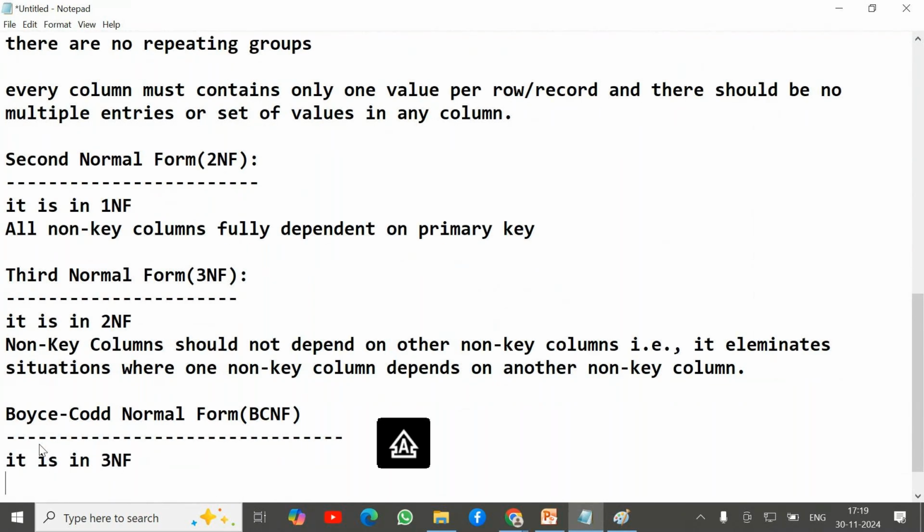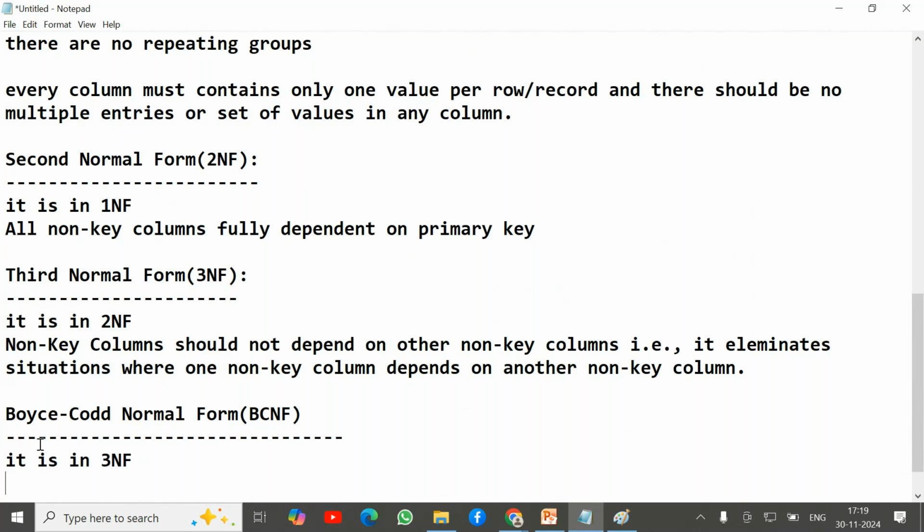Next one, every non-trivial functional dependency should have a super key. In simpler terms, BCNF is a stricter version of 3NF. It removes the situation where a non-prime attribute, a non-key attribute, depends on something other than a super key.